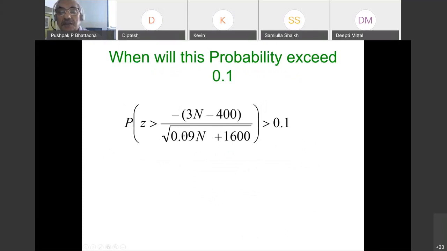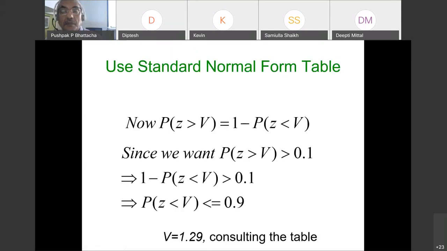So this quantity V is something we are interested in, because that is what will yield the value of n unsafe. How many cars will make the bridge unsafe? Now, probability of z greater than V is equal to 1 minus probability of z less than V. You are interested in z less than V because that is what is given in the z score table. Since we want probability of z greater than V to be more than 0.1, that brings us to probability of z less than V should be less than or equal to 0.9.